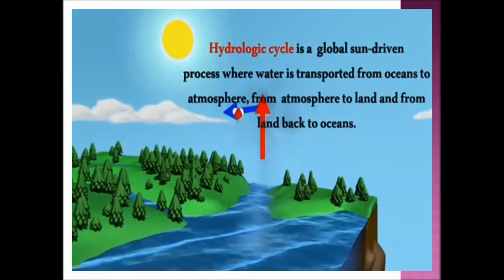Hydrologic cycle is a global sun-driven process where water is transported from oceans to atmosphere, from atmosphere to land, and from land back to oceans.